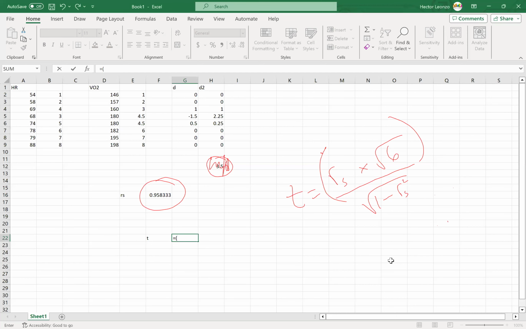So coming back here, I have r times SQRT, square root of 6. Close my square root of 6 and then close it again.